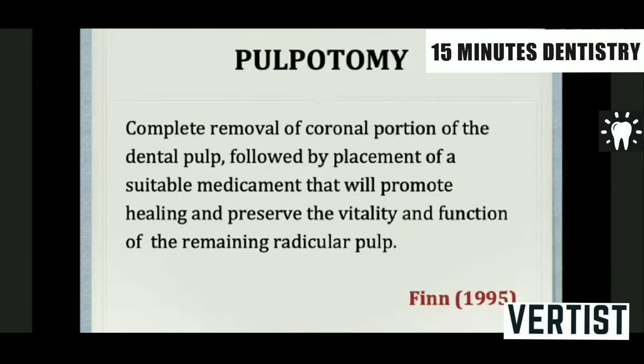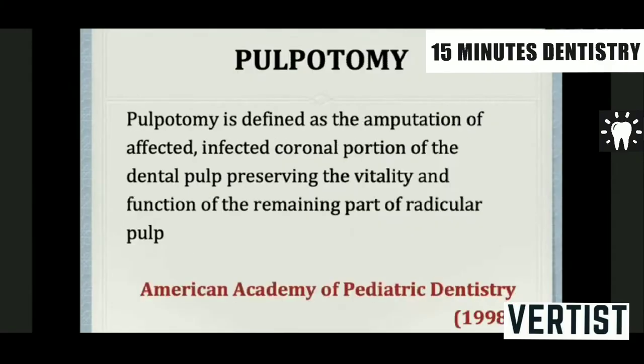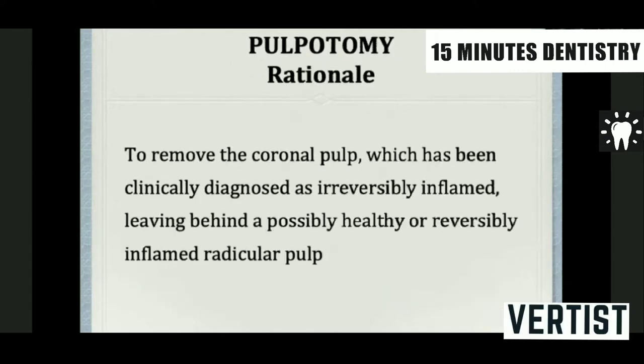Okay, the pulpotomy, by the definition given by Finn, is a complete removal of the coronal portion of the dental pulp, followed by placement of a suitable medicament that will promote healing and preserve the vitality and function of the remaining radicular pulp. Another definition, given by the American Academy of Pediatric Dentistry, is that pulpotomy is defined as amputation of the infected coronal portion of the dental pulp, preserving the vitality and function of the remaining part of the radicular pulp.